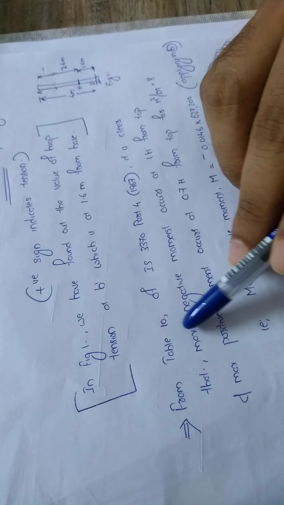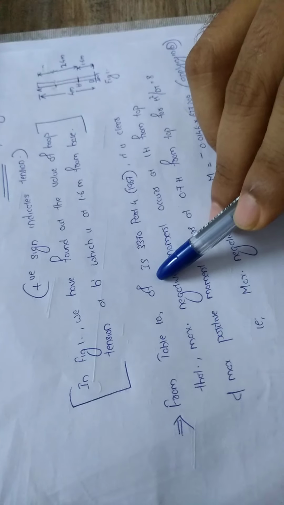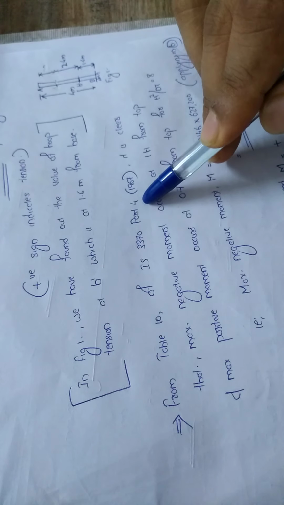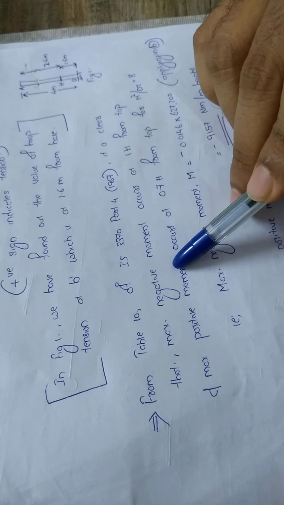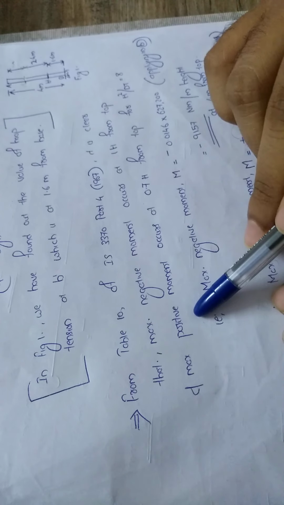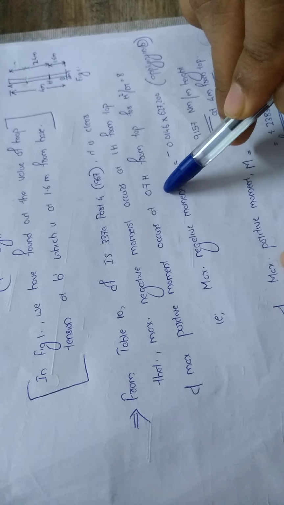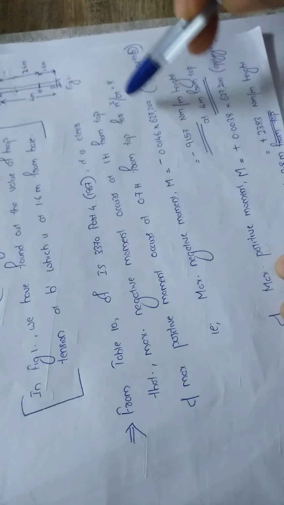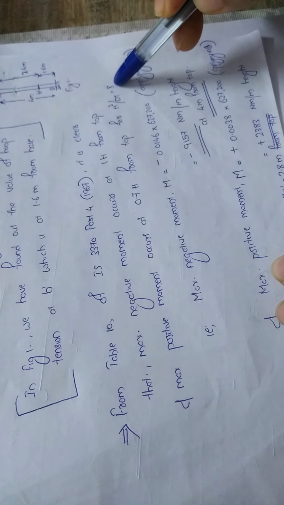From table 10 of IS 3370 part 4 1967, it is clear that maximum negative moment occurs at 1 h from top, and maximum positive moment at 0.7 h from top for h squared by dt equal to 8.